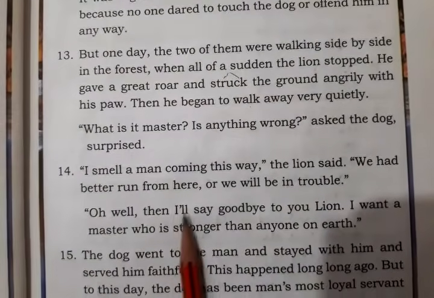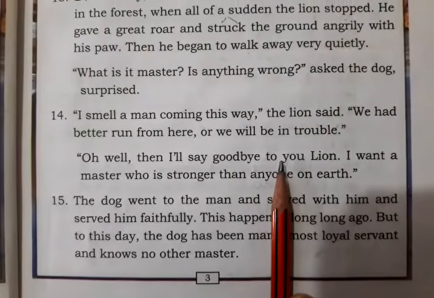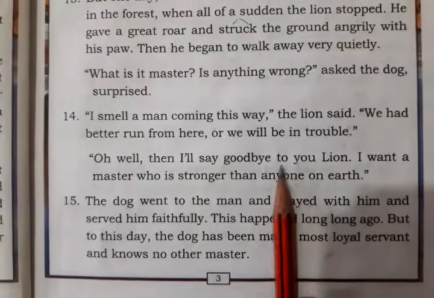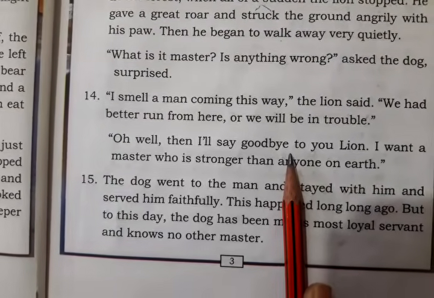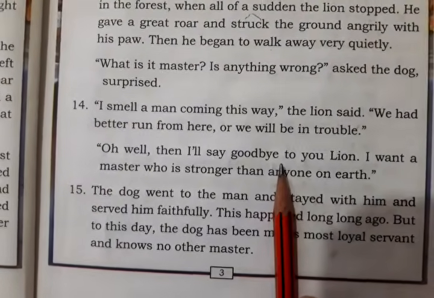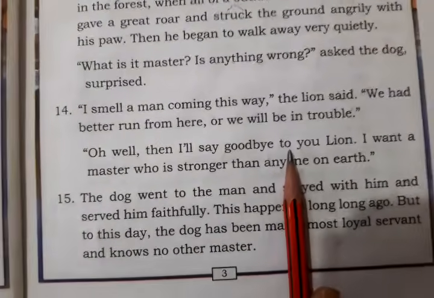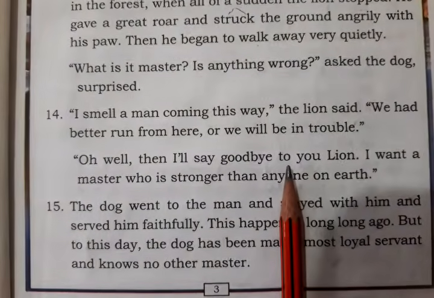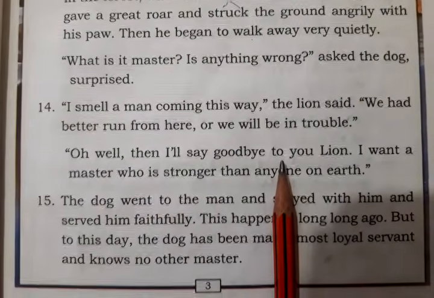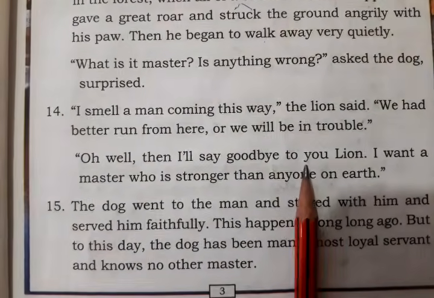Oh well, then I will say goodbye to you, lion. See, now the dog realized that the human being is stronger than any animal on the earth. So from then onwards, the dog started to be a friend of the human being, and it has started to be with the human being, with the person.